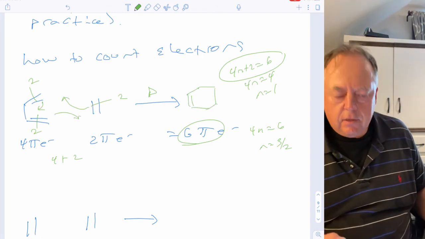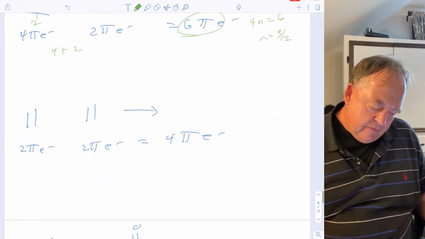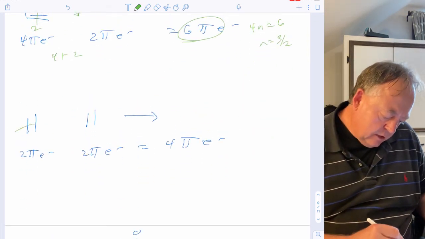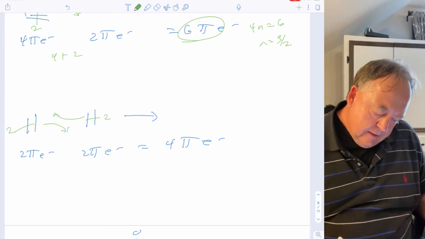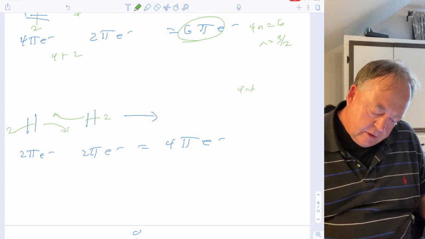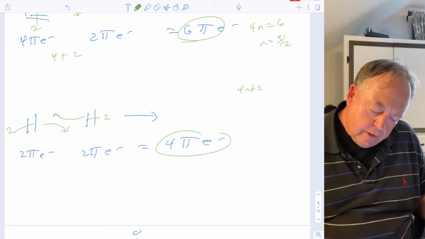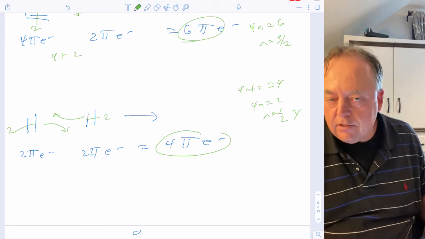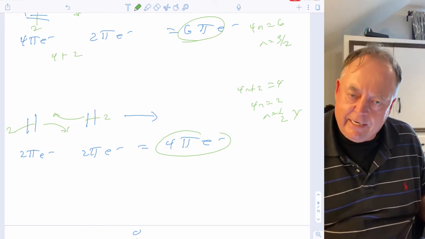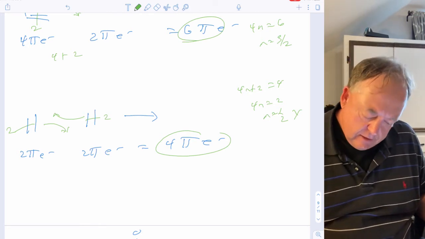And you would make the cyclohexene. If you did this reaction, there's 2 electrons here and 2 there. So if we did 4n plus 2, so there's 4 electrons total, equals 4. So it does not fit a 4n plus 2 system, because n does not solve for an integer, it solves for a fraction.